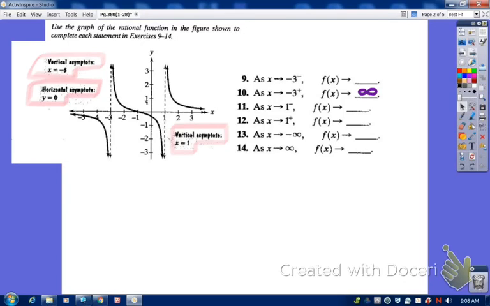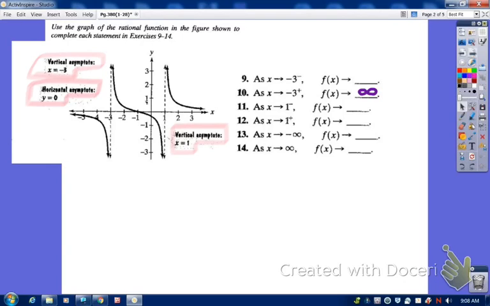And this is so easy for some people and so hard for others, so we'll just take it slow. We're just doing the evens here. So number 10 says, as your x's approach -3 from the right-hand side, f of x, which is your y values, is approaching positive infinity.